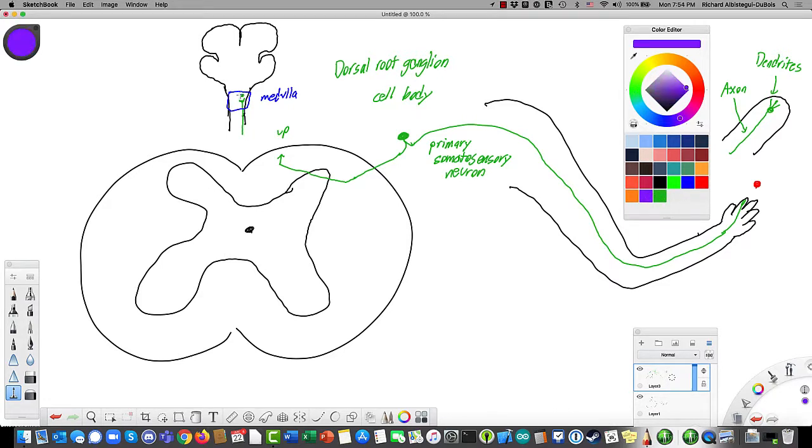We'll do that in purple, actually, to help keep it clear. So our secondary somatosensory neuron sends its axon across the midline and then up into the thalamus. And in the thalamus, a tertiary neuron sends its axon out here to the cortex, which is where we get the processing and the conscious perception of touch.